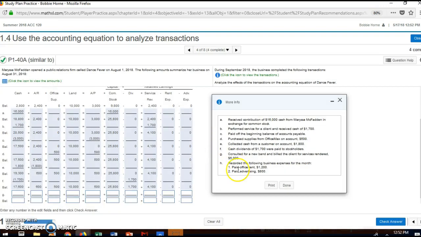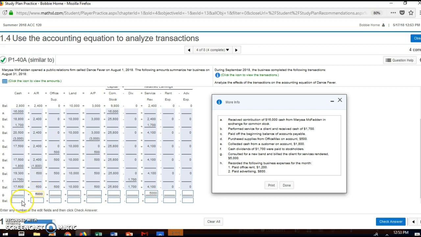Now the next one, we consulted for a new band and billed the client for services rendered. So we rendered services, so that's revenue of 5,000. Rendered means we performed the service, and then we bill them. When you bill a customer, that means, hey, I need your money, but I haven't gotten it yet, so I charge them 5,000.